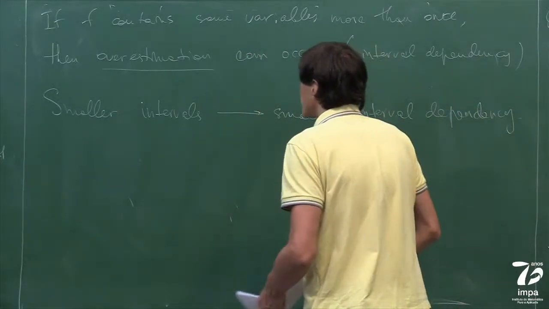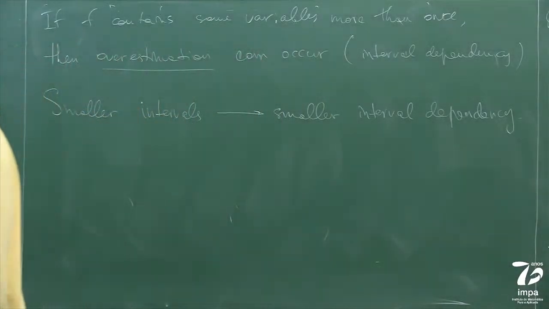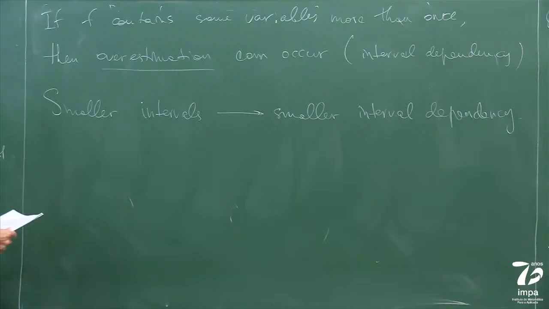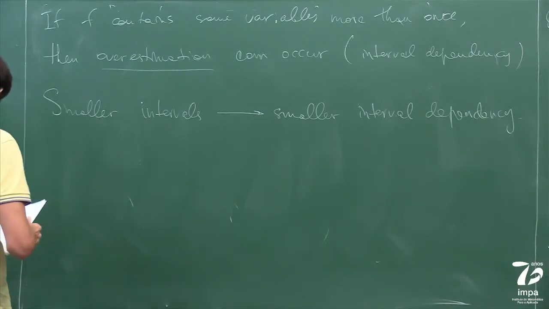So overestimation becomes smaller with the smaller intervals that you use from the beginning, and this can be formulated exactly as a theorem.